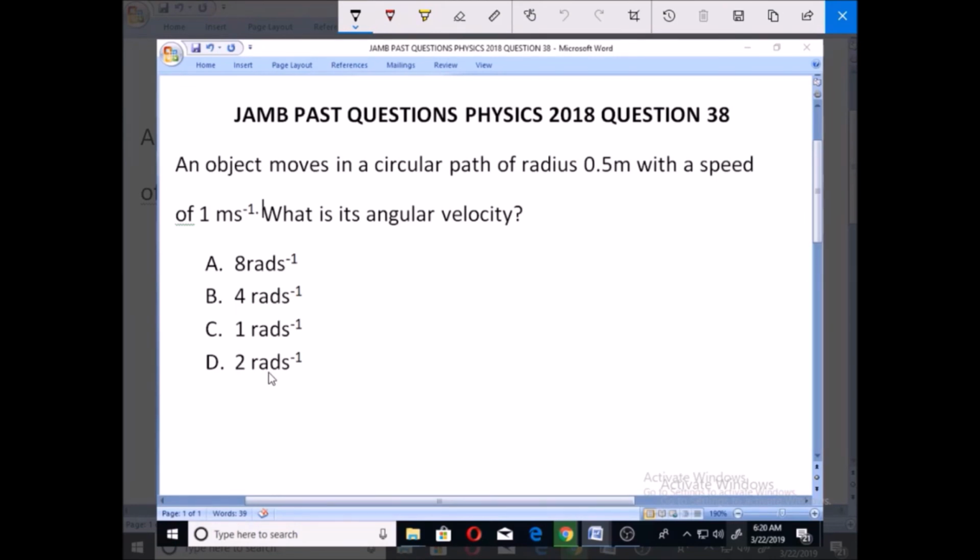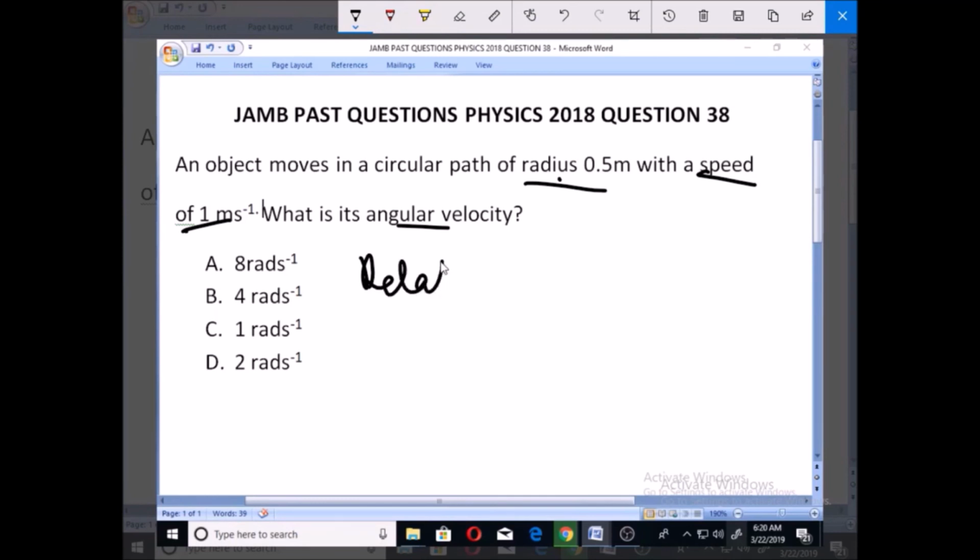What is the angular velocity given the linear speed? This is the linear speed or linear velocity, and this is the radius. So what formula relates angular velocity to radius and speed? That is what we're going to use.